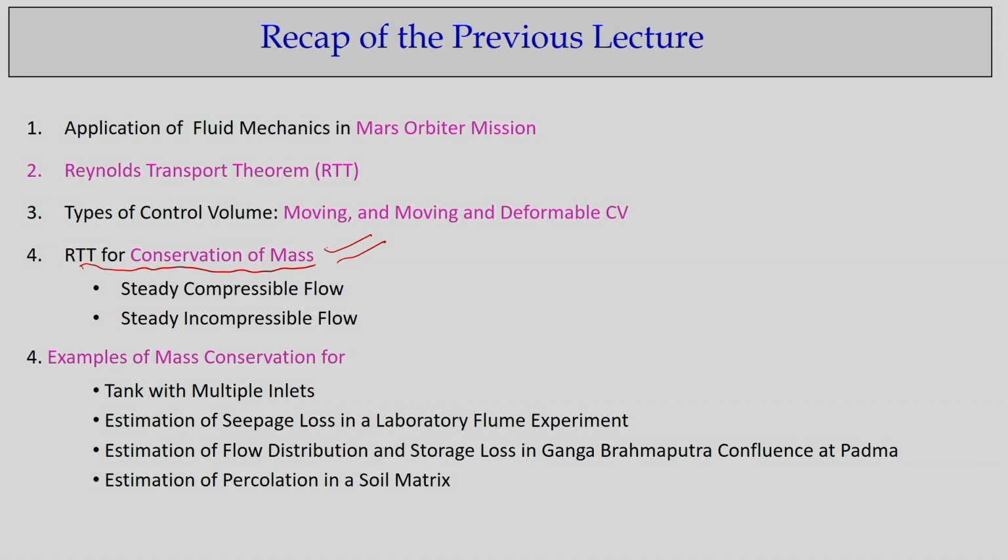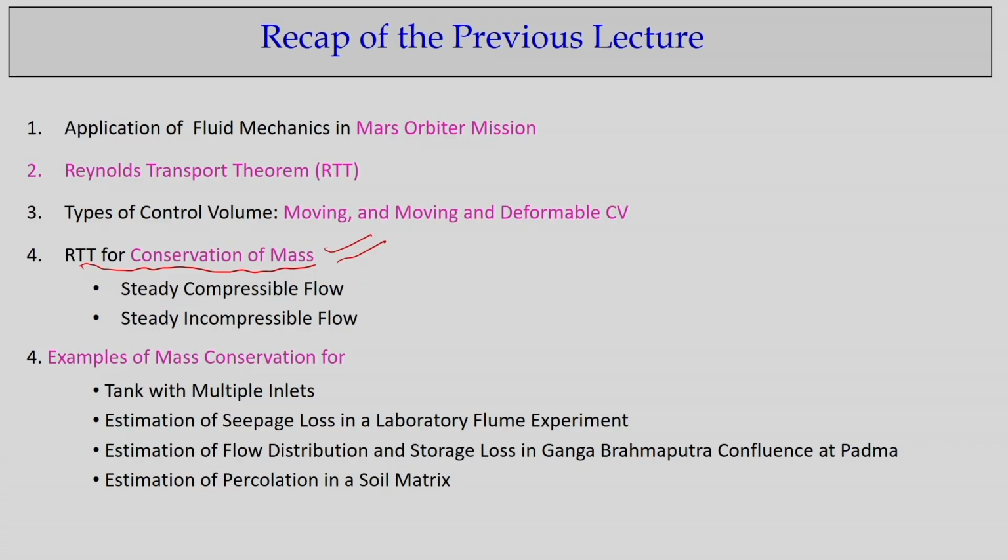We approximate many fluid flow problems as steady. Then, with respect to density variation, we divide the flow into compressible or incompressible. So we can have two types of approximations: steady compressible and steady incompressible.